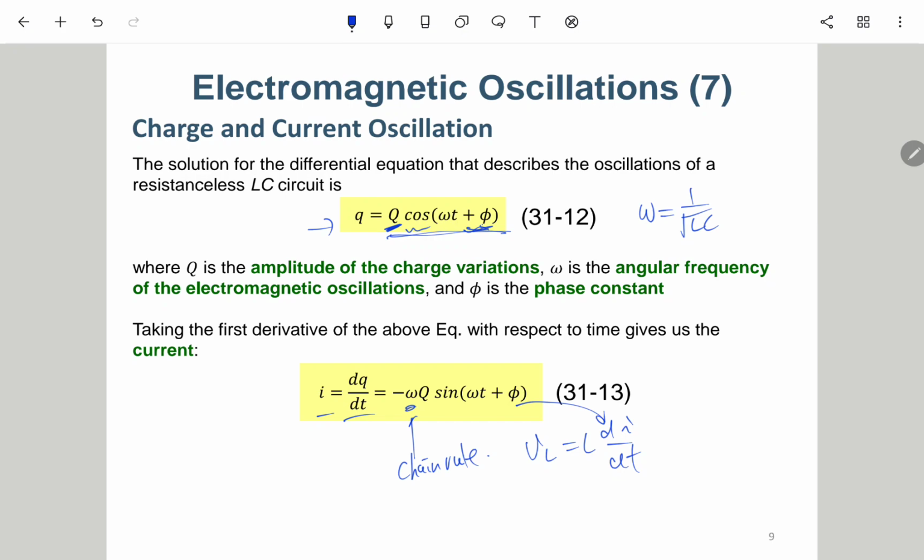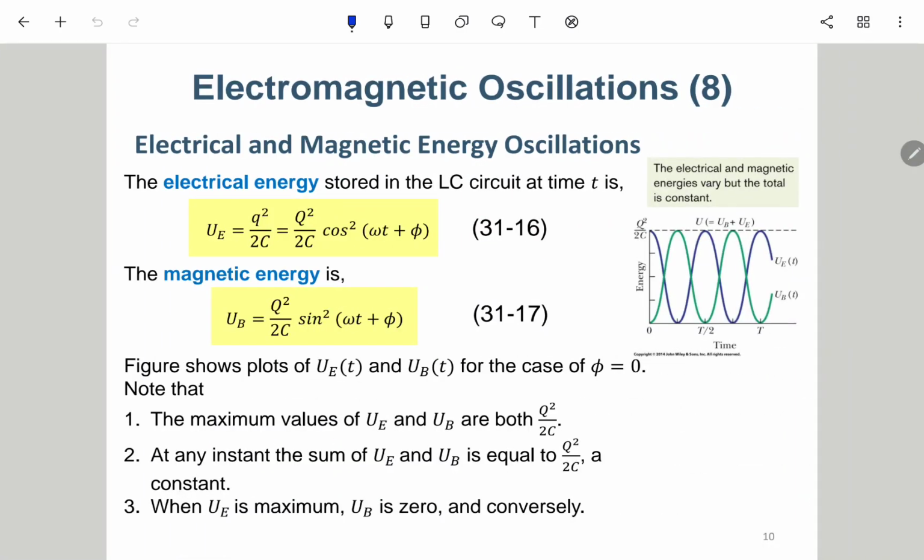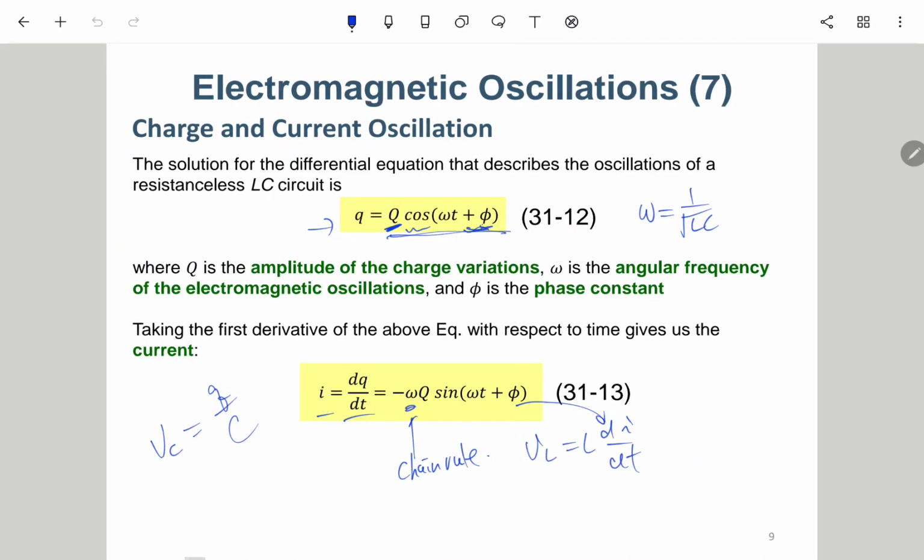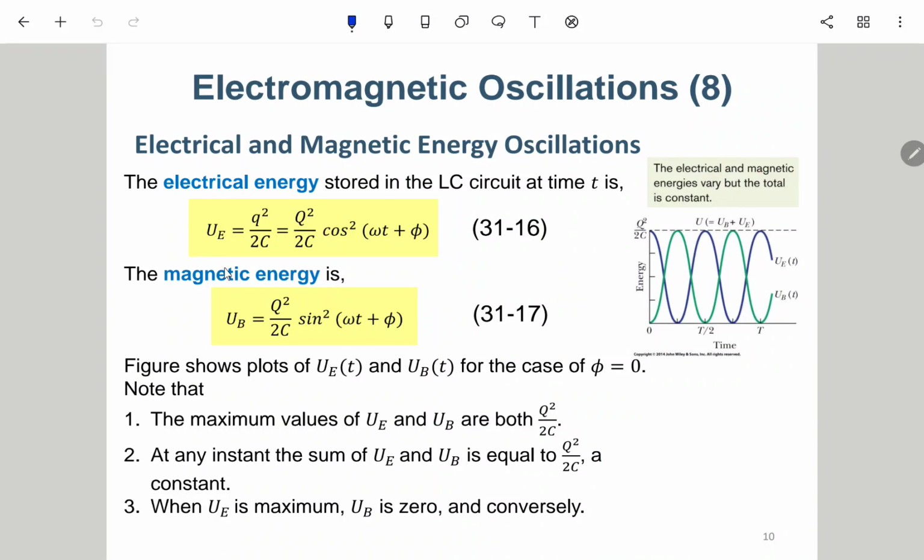And for VC, it is nothing but Q over C. So here we get the expression of Q and also the expression of I, so we can plug them back in.